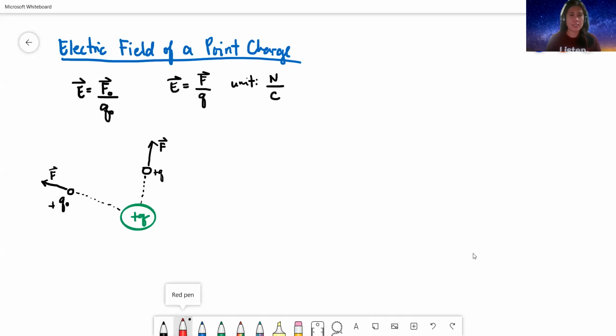So if at this point we know that the force on Q is in the second quadrant, then at this particular point you also have an electric field. When the test charge is here, the electric field of the source charge is in the same direction there. So that's the electric field.